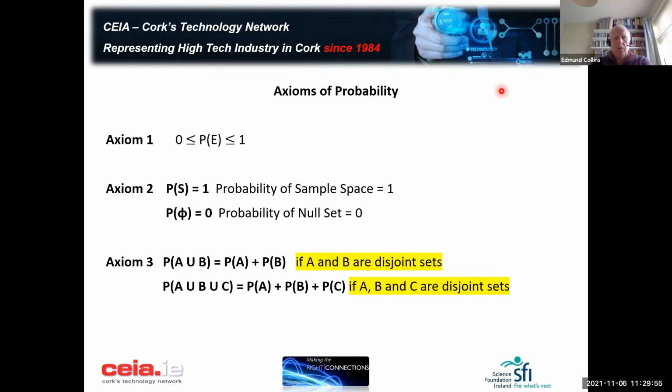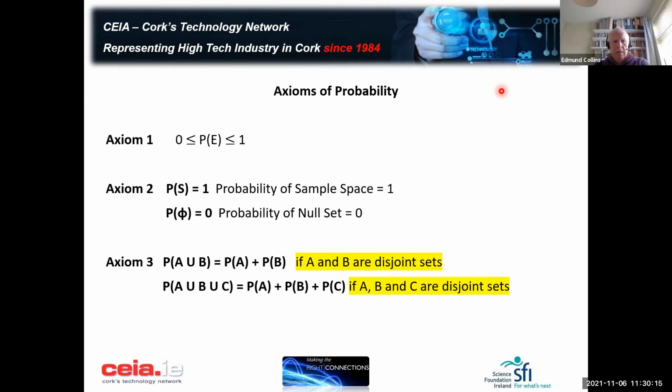So the first axiom, we've seen this a number of times, that the probability of an event must be greater than or equal to 0 and less than or equal to 1. That's fair enough. We're familiar with that now.